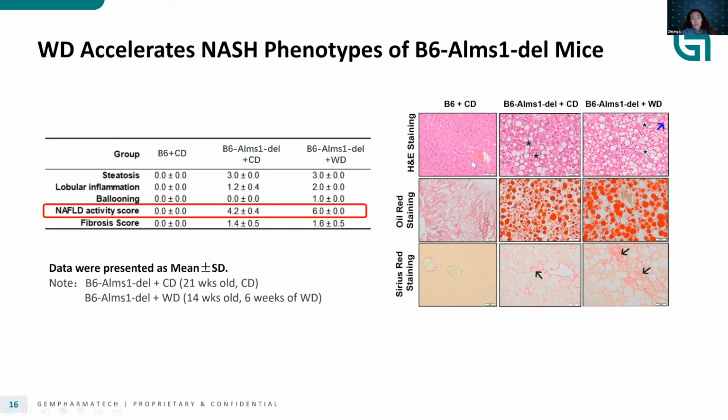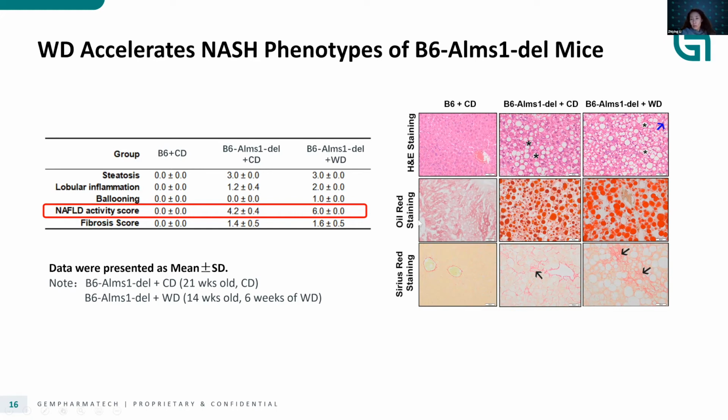tissue. So as you can tell from here, the B6 animal on the chow diet, the mutant animal on the chow diet, or the mutant animal on the Western diet. As we can tell, this is the H&E, basically showing steatosis, the accumulation of fat, the ballooning as the big, inflated cells are trying to show, and also the blue area here is trying to show the infiltration of immune cells or inflammatory cells in the tissue.